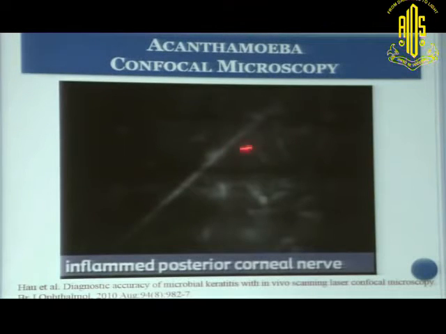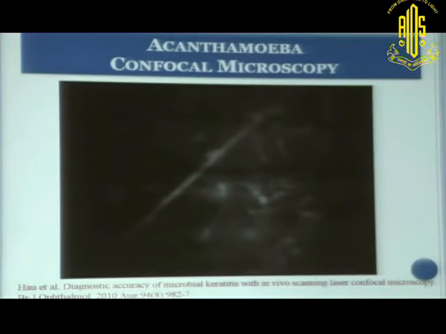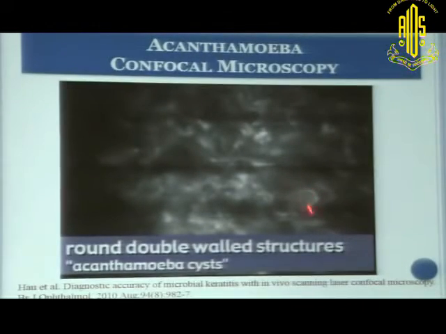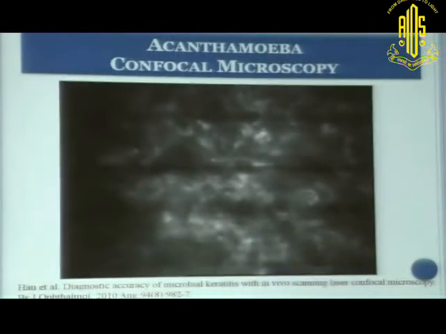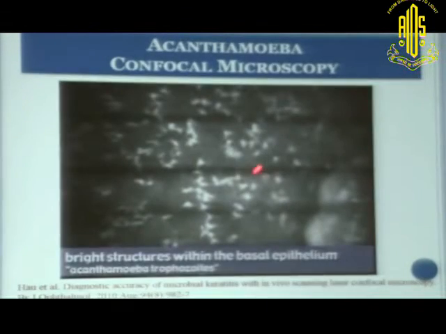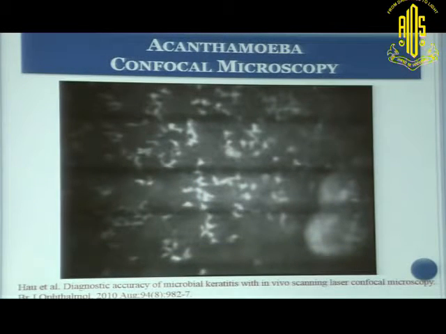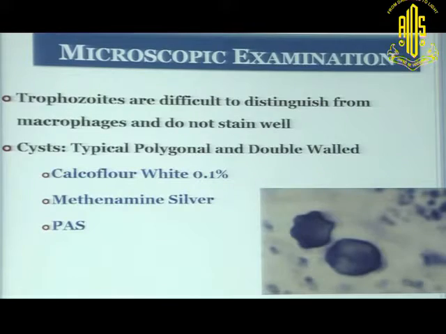As you can see here, it's a thickened, inflamed nerve seen posteriorly. As you move further anteriorly, you see double-walled cysts. Then further anteriorly in the cornea, in the basal epithelium, you see the trophozoites. So this is the typical confocal picture of Acanthamoeba keratitis.